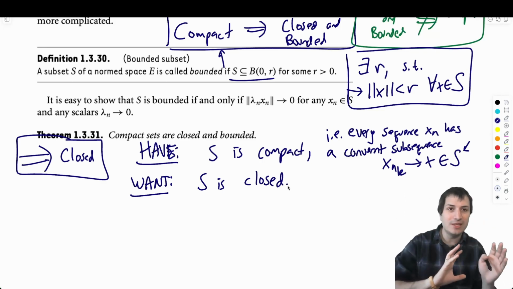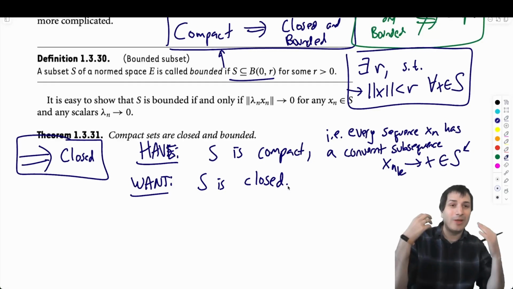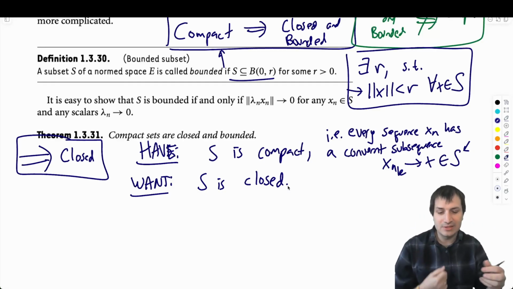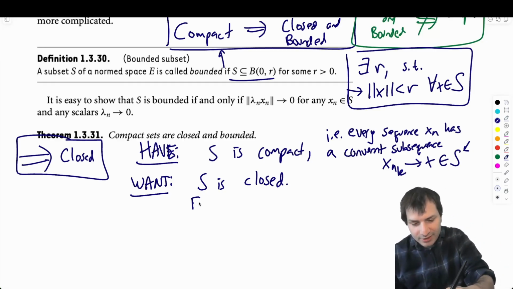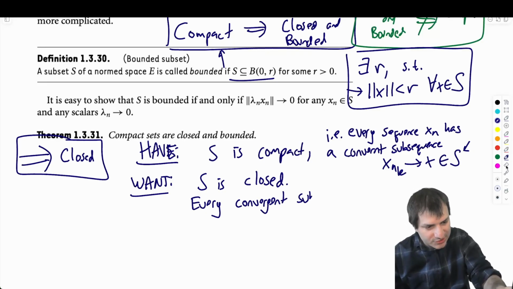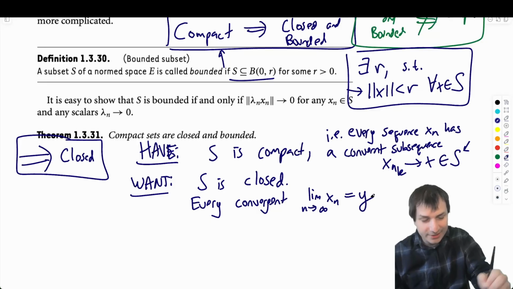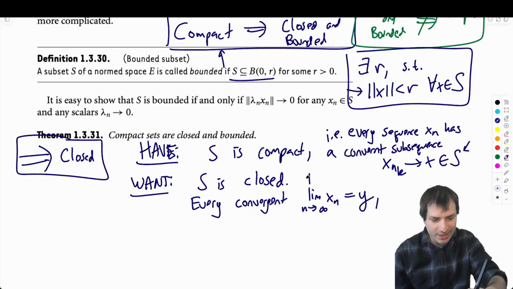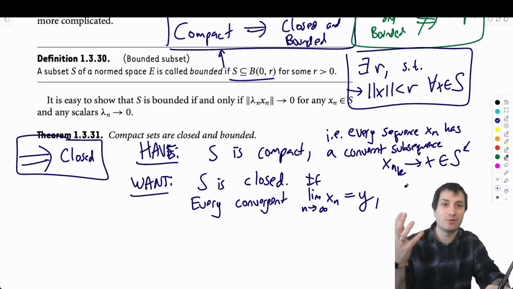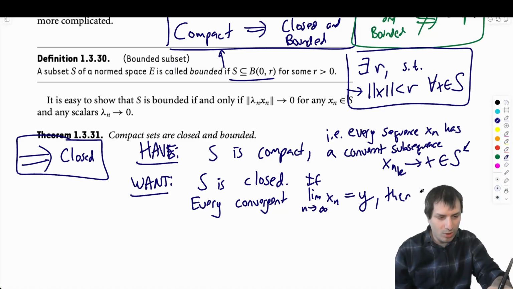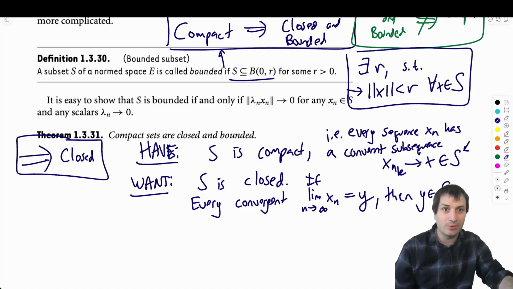Well, we could use the complement is open thing, but we have proven something else about closed sets, which is we're going to prove that every convergent sequence, so if the limit as n goes to infinity of xn equals y, so if you have some sequence which converges to y, then y is in S.